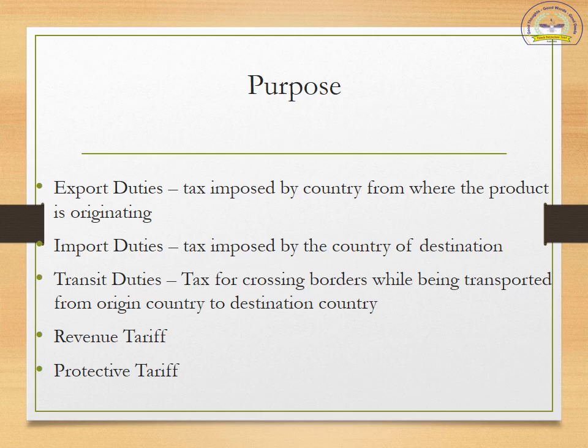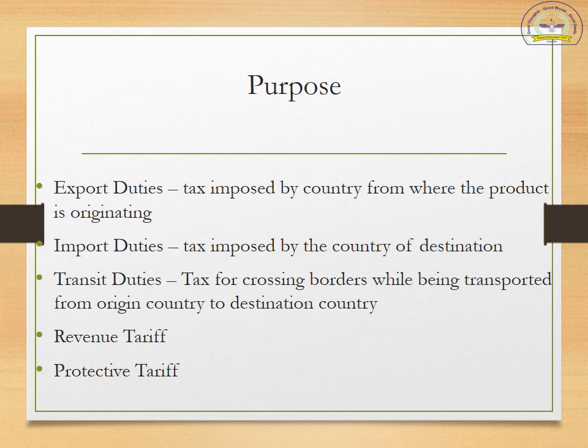The tariff barriers based on purpose are export duties, import duties, transit duties, revenue tariff, and the protective tariff. Export duty is a tax imposed on a commodity originating from the duty levying country. Import duty is a tax imposed on a commodity originating abroad and destined for the duty levying country.